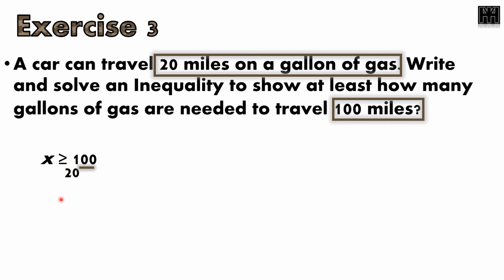Send the 20 to the other side by dividing. We have x bigger than or equal to 5. So we need at least 5 gallons of gas, 5 or more, to travel 100 miles. Let's represent it on the number line. We have x bigger than or equal to 5, so we have 5 included, to infinity.